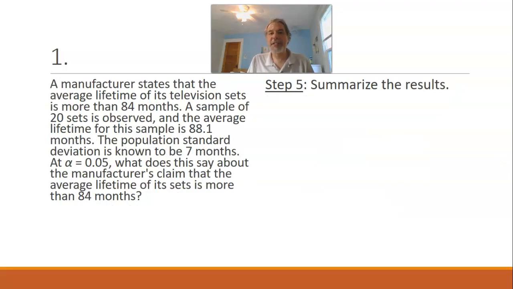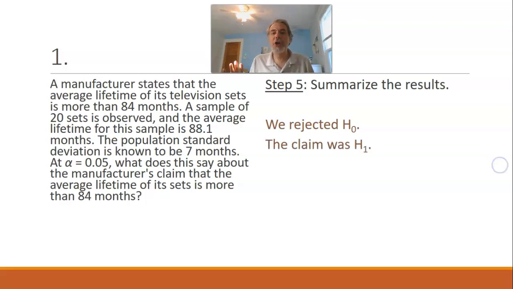Now, step 5, summarize the results. We rejected the null hypothesis. Remember, that's what we just said. The claim, if you look back up at step 1, the claim that we were testing was the alternative hypothesis, that mu was greater than 84.